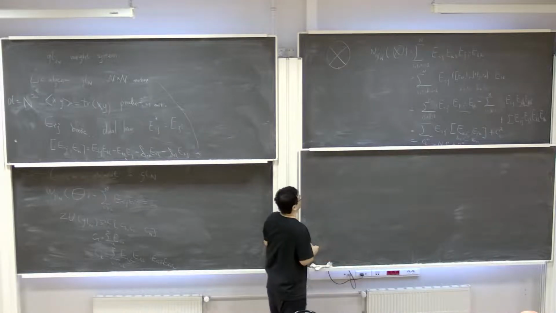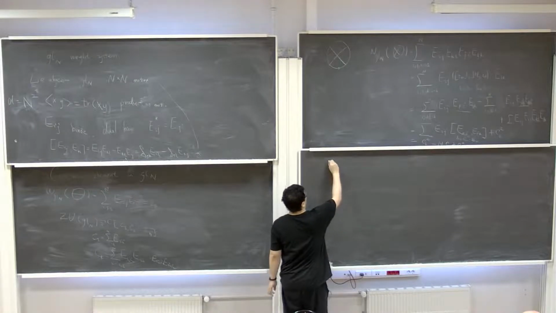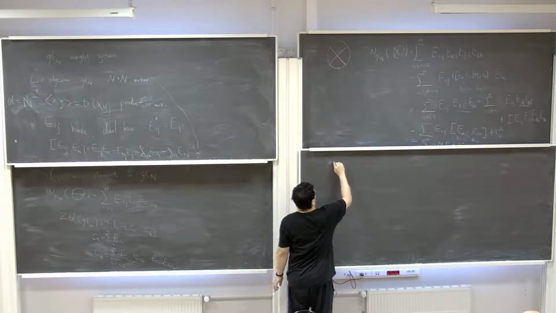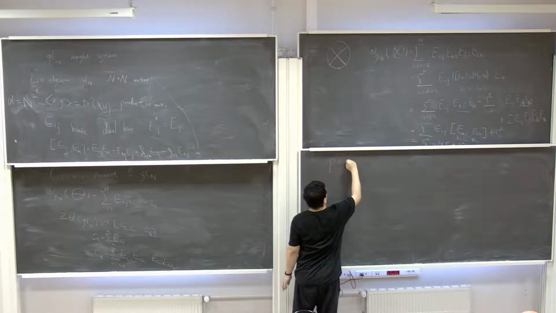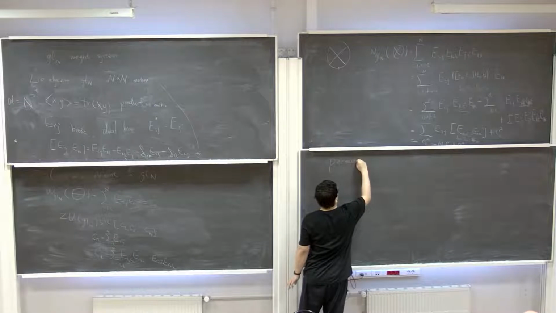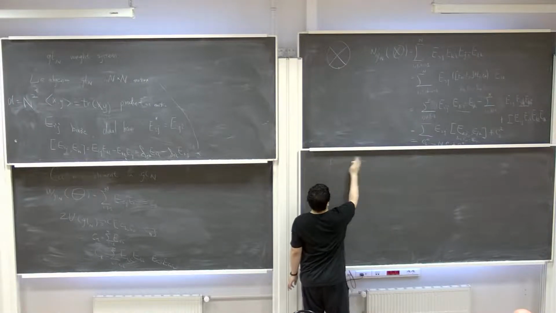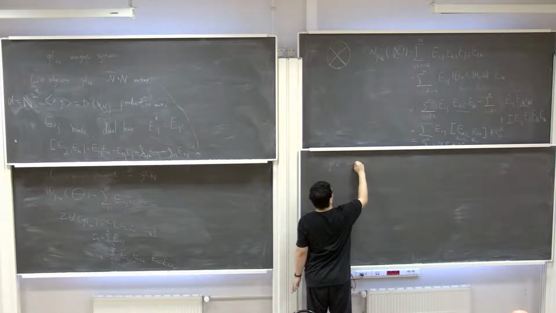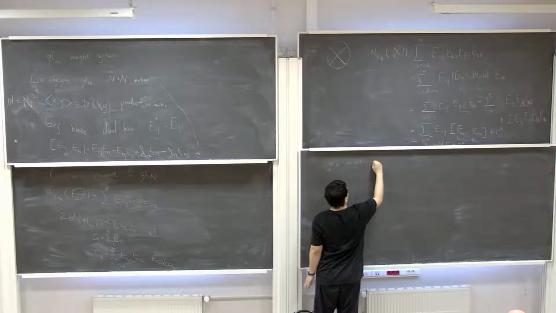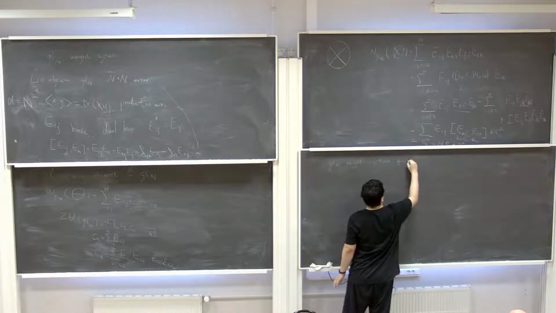First of all, I need a new definition called the permutation weight system, GLN weight system, for permutation.